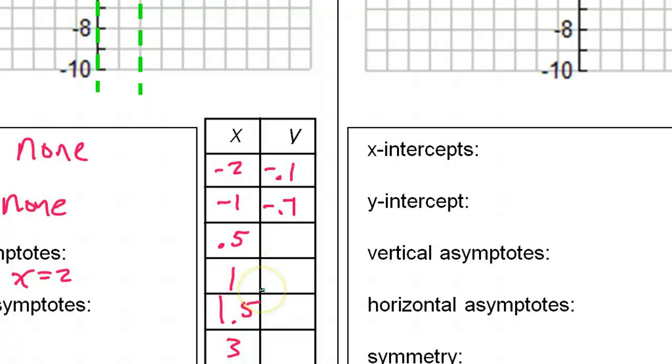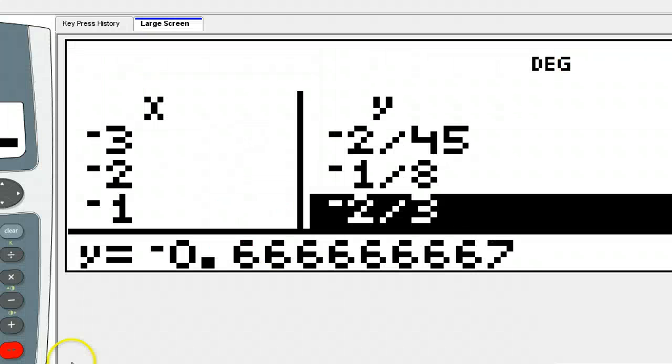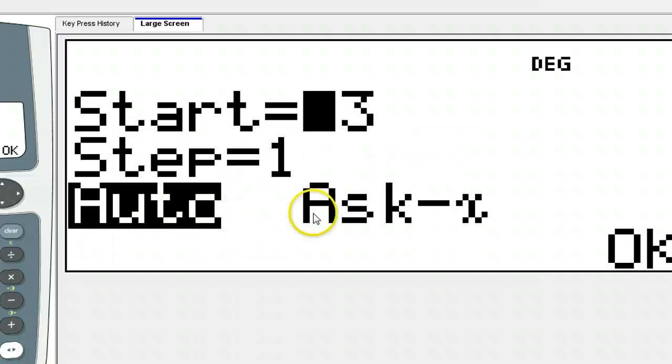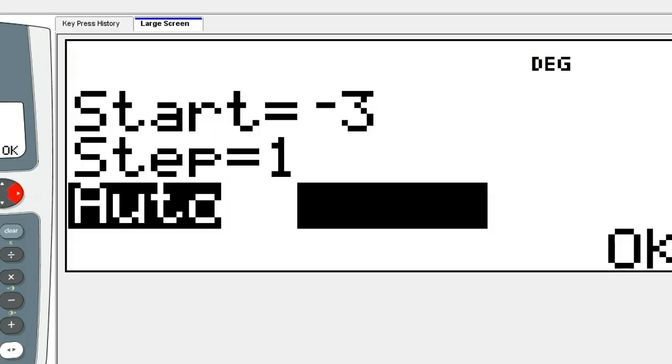Okay, now I'm going to switch over and remind you about ask x. So I'm going to start over by hitting table again and hitting enter. Now see right here where it says ask, let's try that out. Instead of auto, we'll do ask.